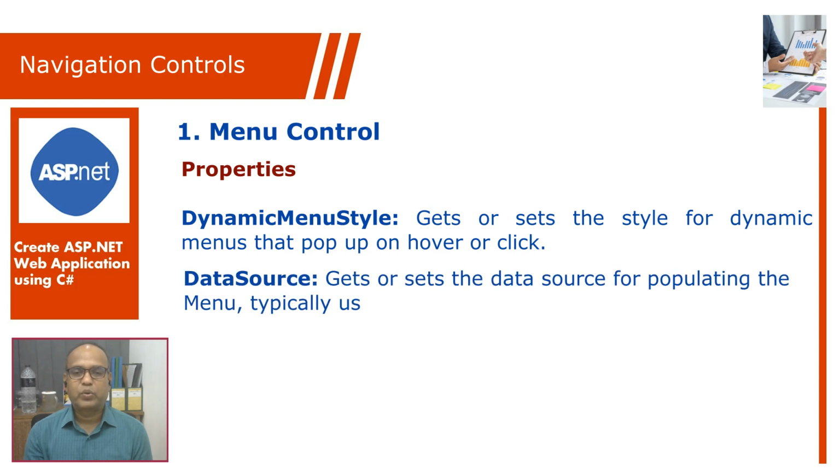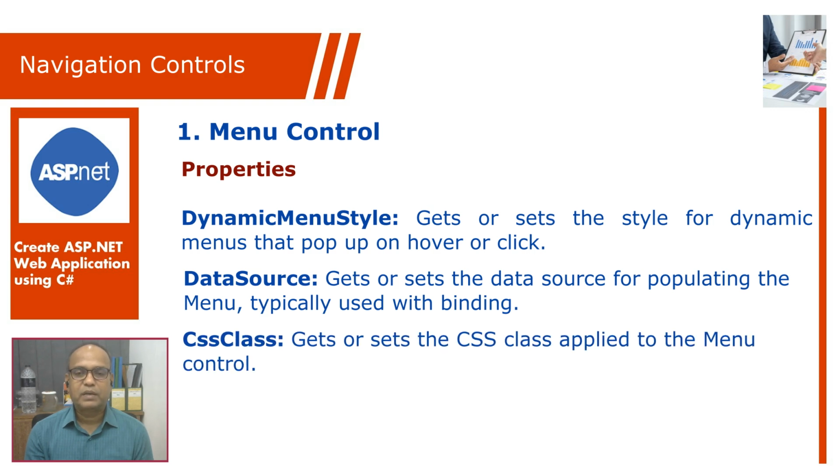Data source gets or sets the data source for populating the menu, typically used with data binding. CSS class gets or sets the CSS class applied to the menu control.